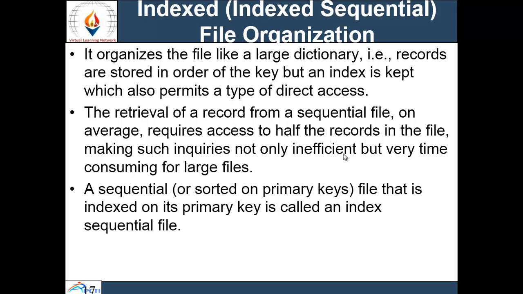The retrieval of a record from a sequential file on average requires access to half of the records in the file, and making such an inquiry is not only inefficient but very time consuming for large files. A sequential file that is indexed on its primary key is also called an indexed sequential file.